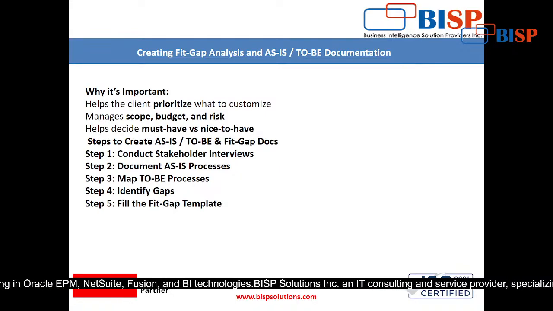That is why we first have to manage the scope, budget and risk: whether exactly what they are asking for can be easily provided, or whether it takes some type of customization or enhancement. Many times the requirement of the client is given to you, but it requires some enhanced feature.